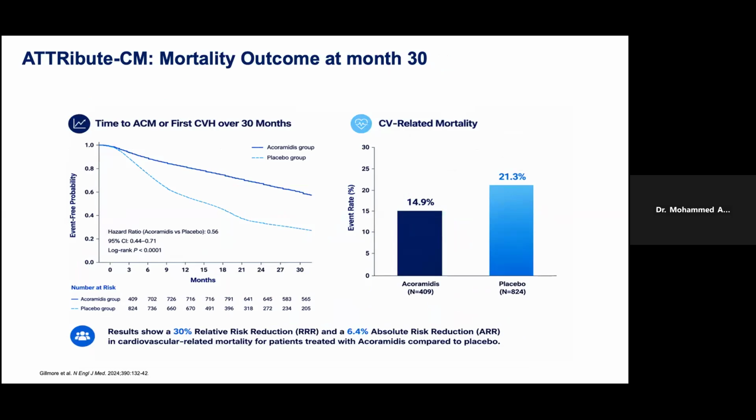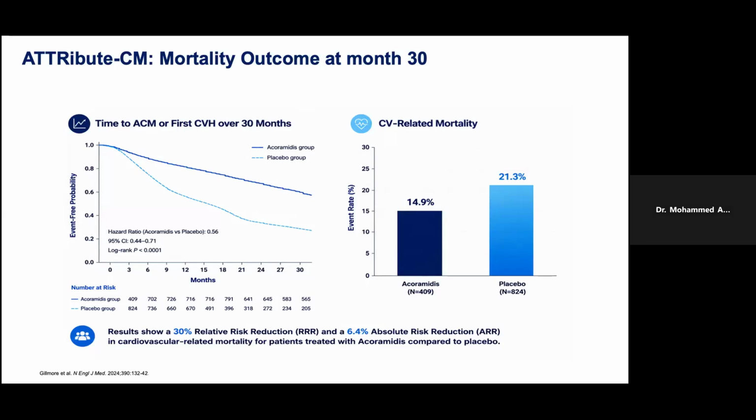On the left side, the Kaplan-Meier curve shows time to all-cause mortality or first cardiovascular hospitalization over the 30 months. Patients treated with acoramidis experienced significantly fewer events than those receiving placebo, with a hazard ratio of 0.56, corresponding to a 44% relative risk reduction.